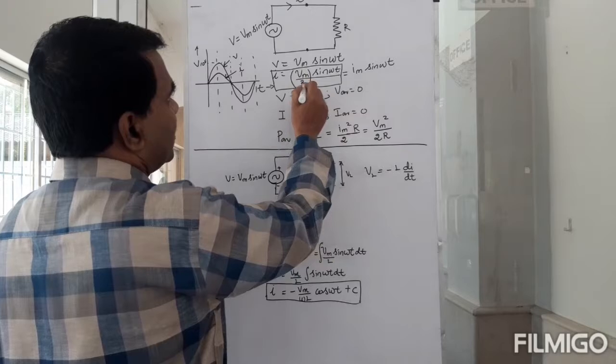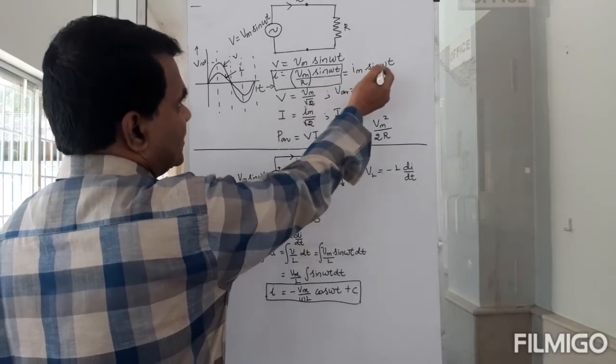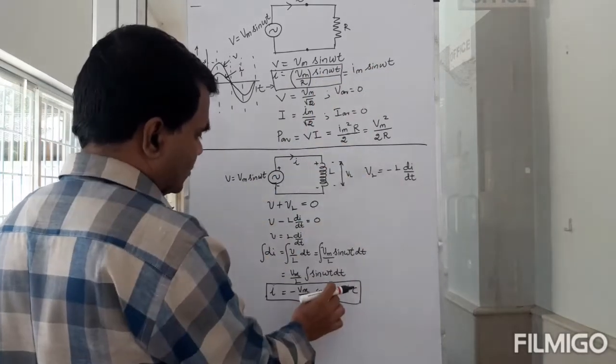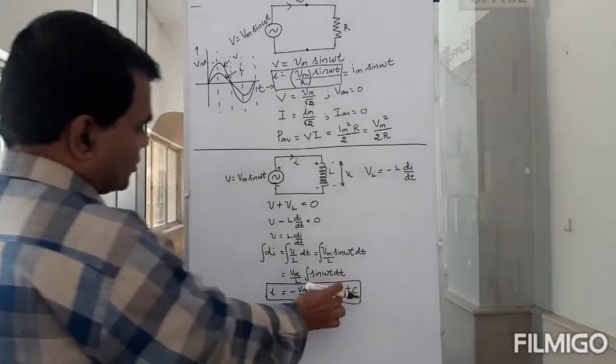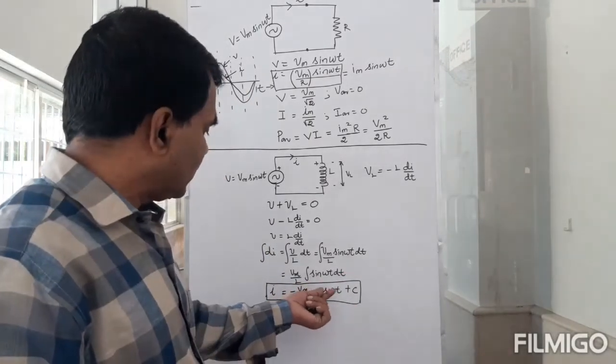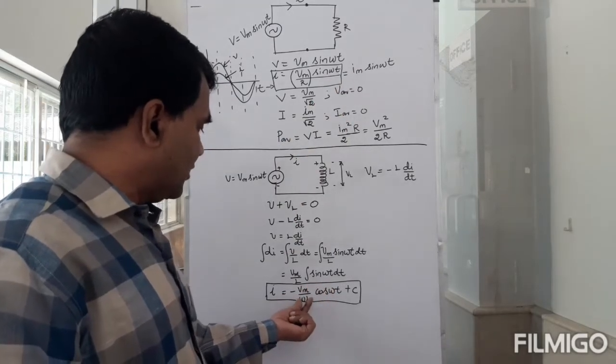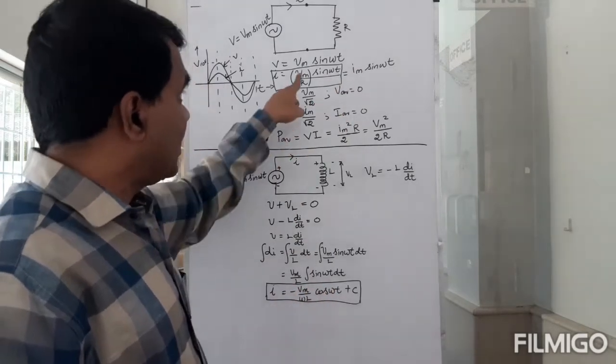You see, Vm by R, you treat it as Im. So then sin omega t is taken out. So here also, if I do that, cos omega t can be taken out, and then Vm by omega L, I can consider that to be Im.